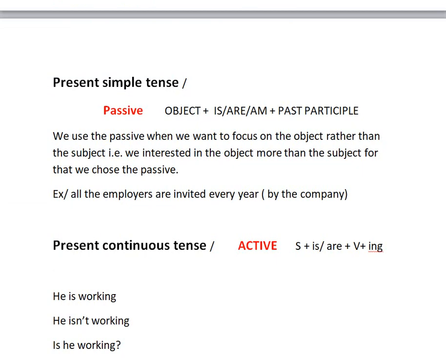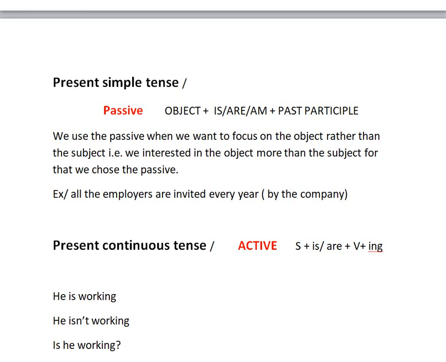Now what about the passive? We use the passive when we want to focus on the object rather than the subject. What does this mean? In other words, we would like to move the focus from the subject to the object of the active sentence.